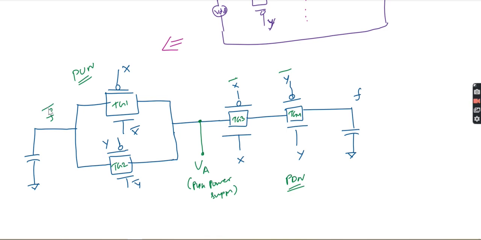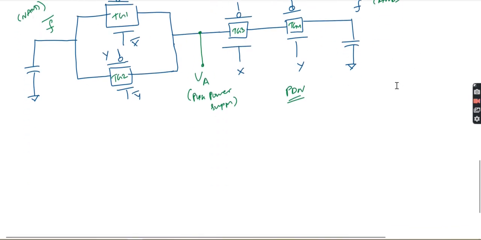This is F. Okay. Let us see which will provide the output here. This will give the output of the AND gate. Here it will give the output of the NAND gate, actually.